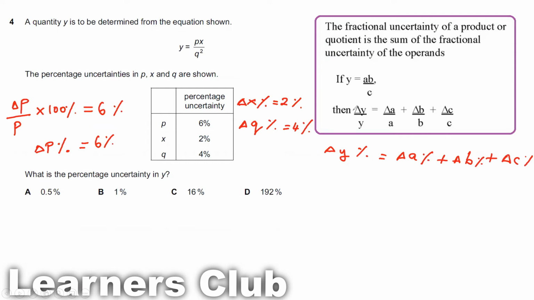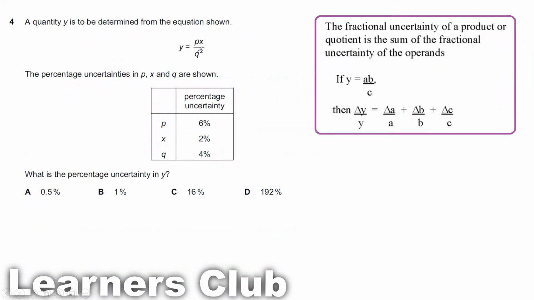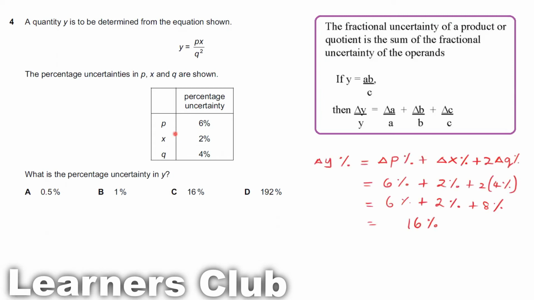Now, in our case, we have px over q square. So we take the sum of the percentage uncertainties. So del Y% is equal to del P% plus del X%. Then del Q%.